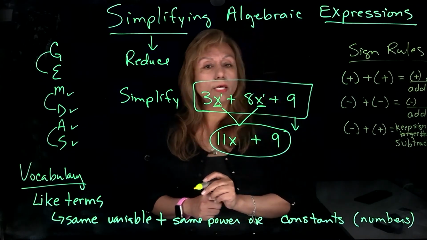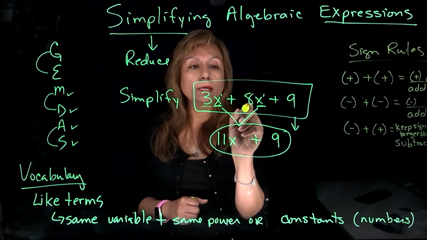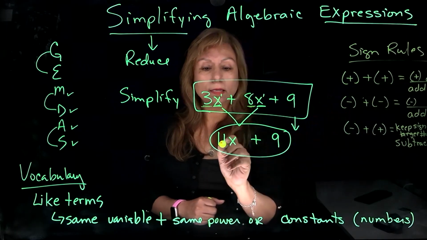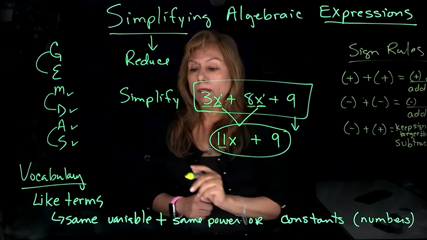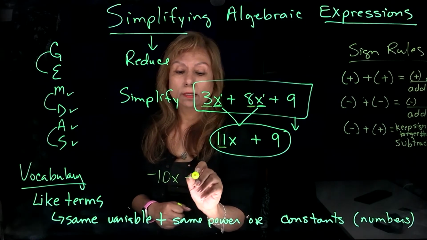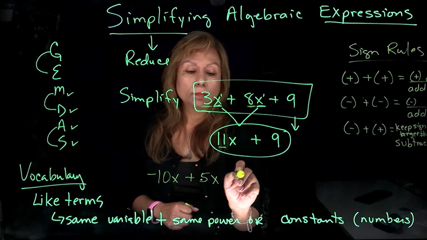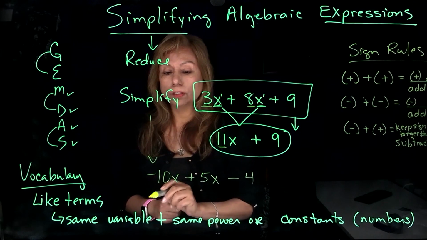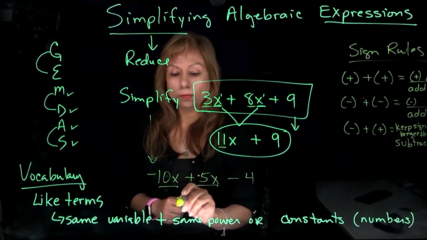So if we go back over here, we have a positive 3, a positive 8. So we add those, plus and plus we add. That's how we got the 11. So let's do another quick one. Let's say negative 10x plus 5x minus 4. So if we're simplifying, same directions, these are our like terms.